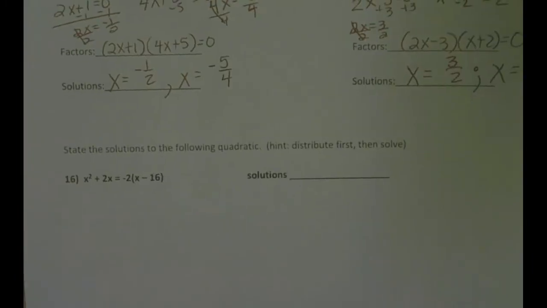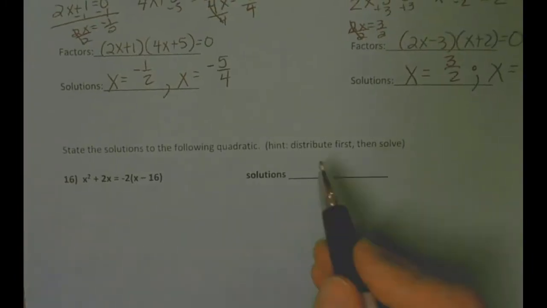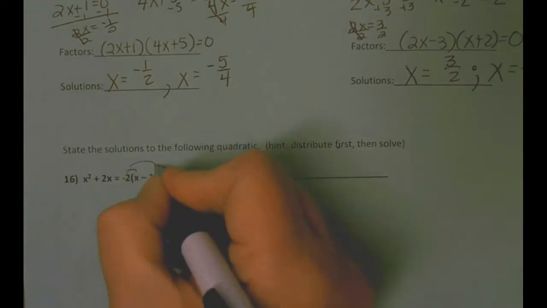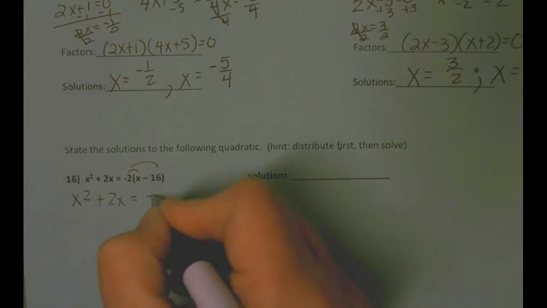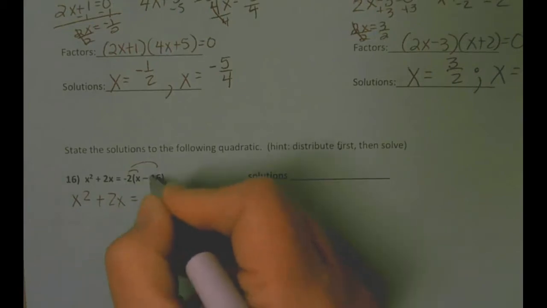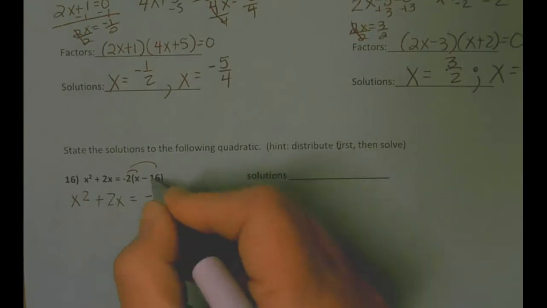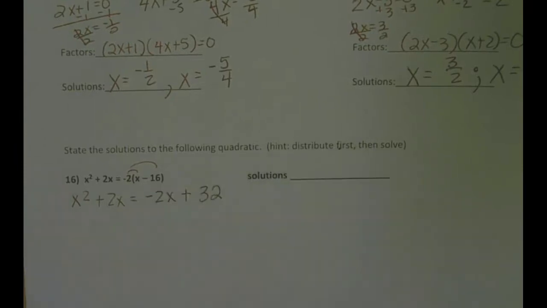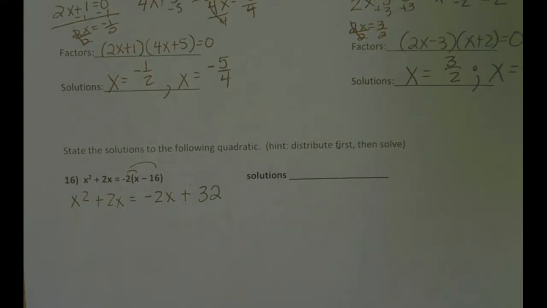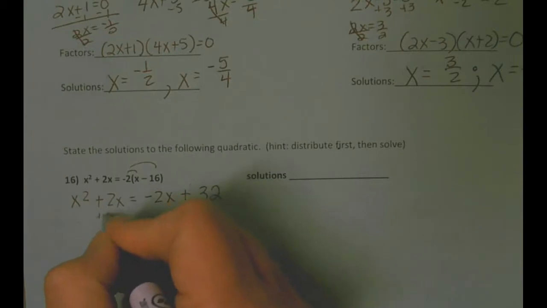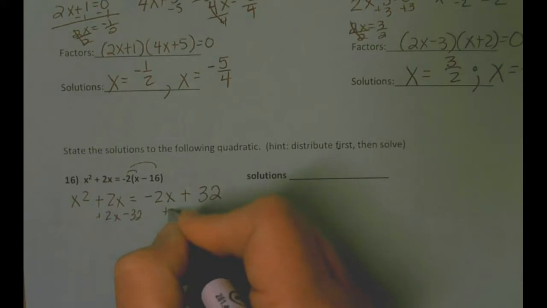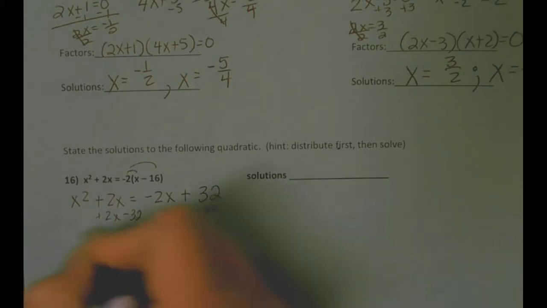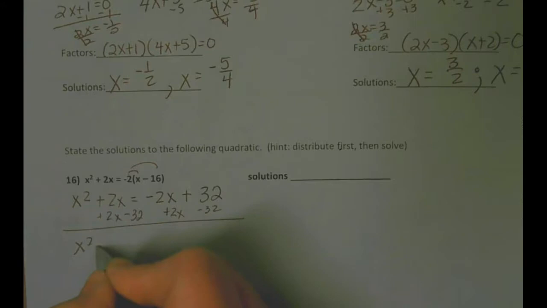Before I can solve this quadratic equation, I need to distribute first. In order to solve a quadratic equation, it needs to be equal to 0. So I'm going to add 2x and subtract 32 from both sides.